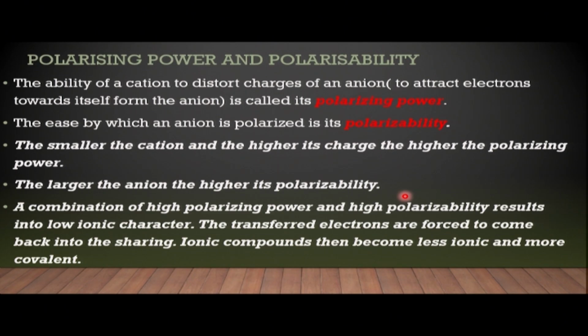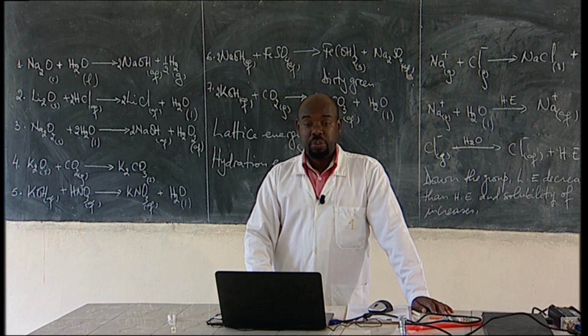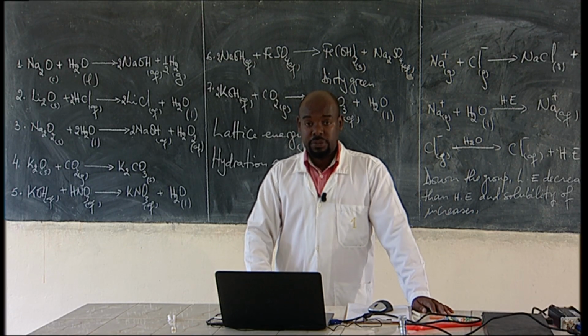The next slide is talking about the polarizing power and polarizability of ions. I have decided to explain this because it is very useful when explaining the thermostability of compounds.